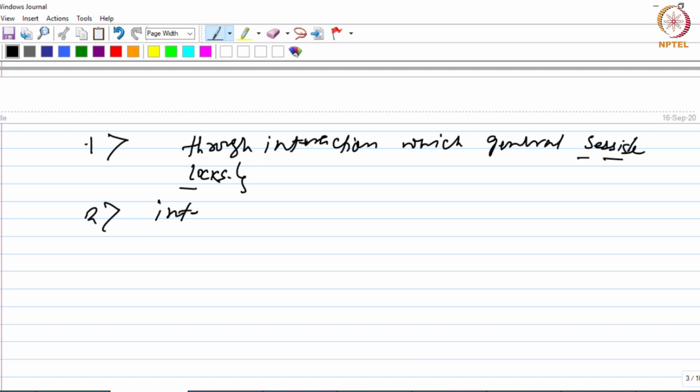Interpenetrating or intersecting slip planes, that also we saw. Dislocations moving on such interpenetrating slip planes will produce sessile dislocations.